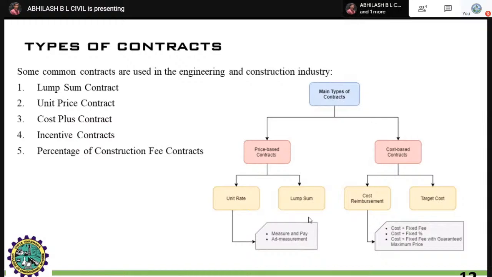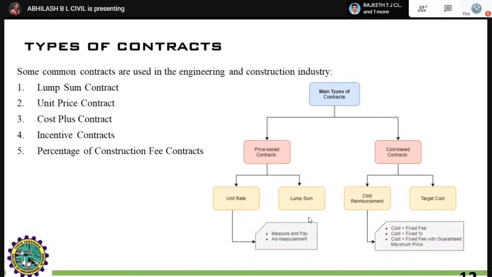Here, the main types of contracts are price based contracts and cost based contracts. Coming to the price based ones, as I told, since all the materials used in the construction sector are consumables, the prices will vary with respect to time and date.